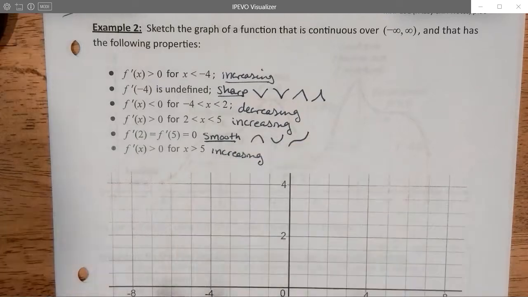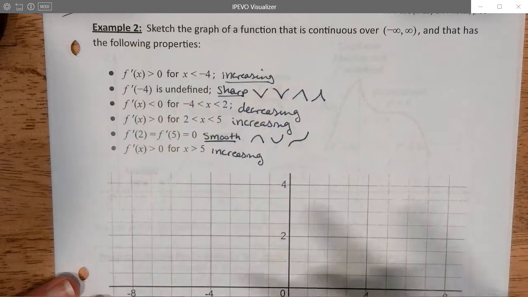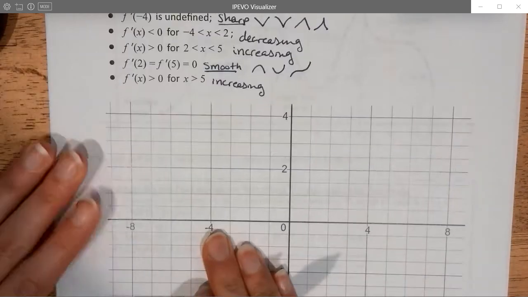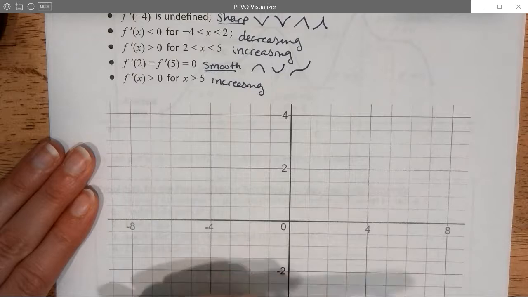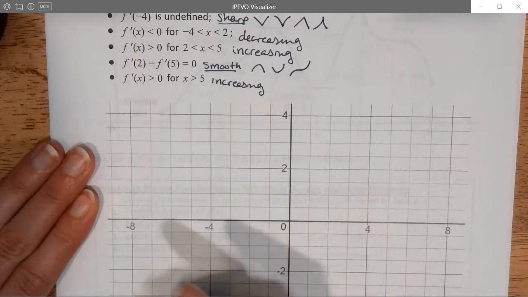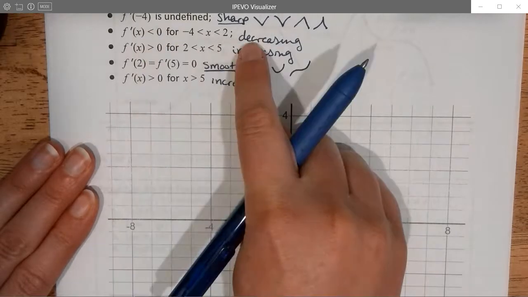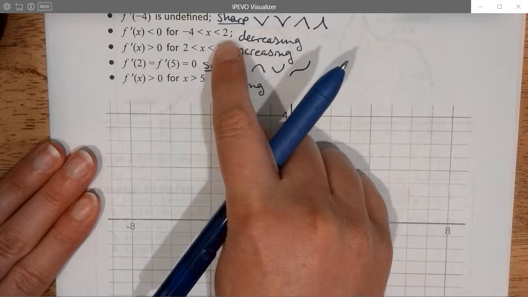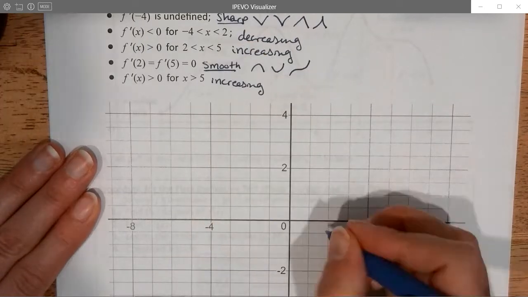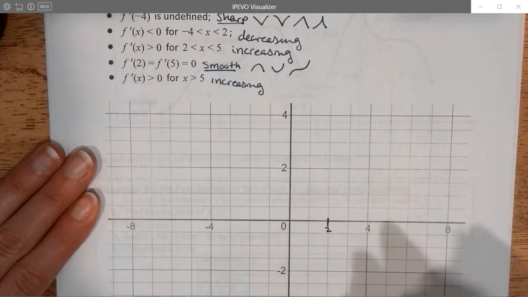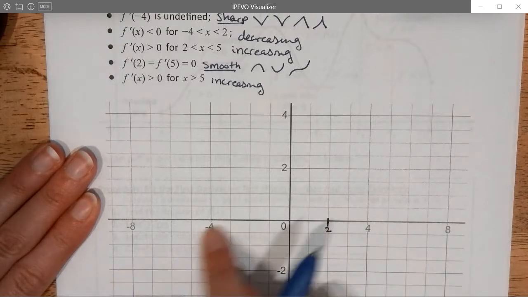Okay, so I'm going to put my function together, starting with values that are less than negative 4. So I'm going to push this up for a second. Starting with values that are less than negative 4, the function needs to be increasing. So I'm going to draw something that's increasing up until it reaches a value of 2. So I'm going to be drawing between negative 4 and 2 right now. Okay, and I need to be increasing and then decreasing.